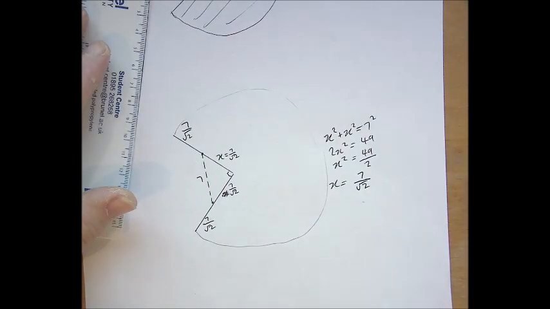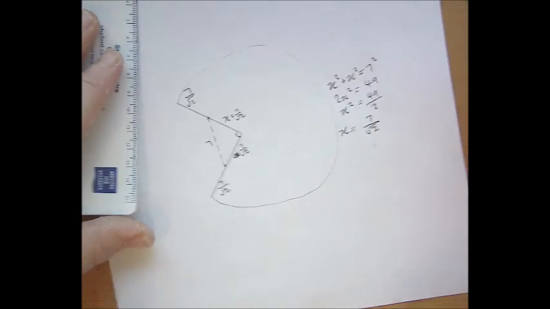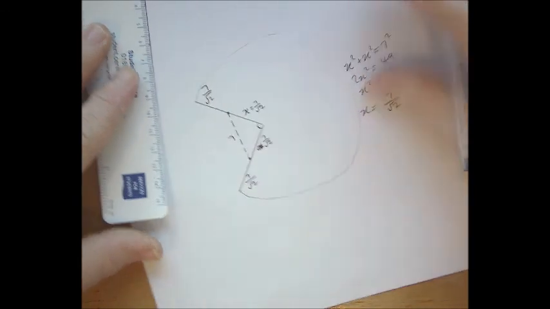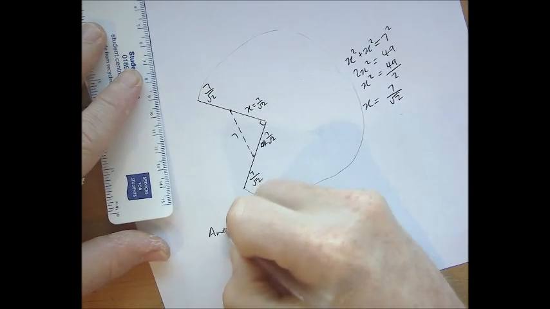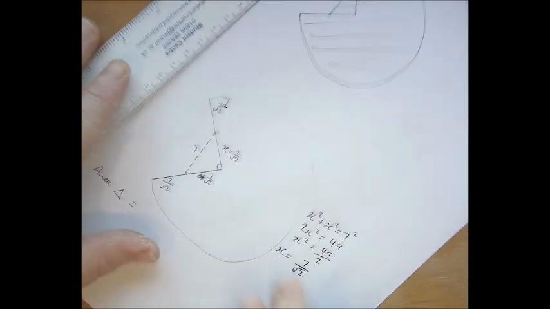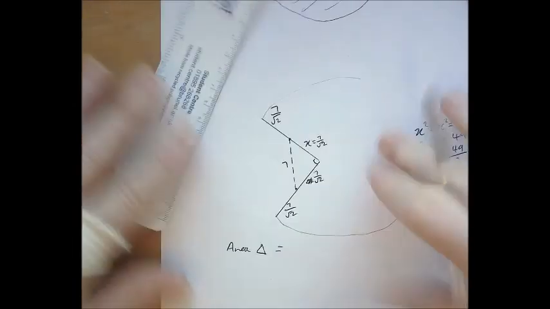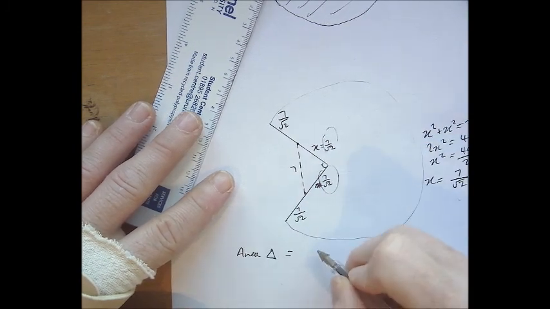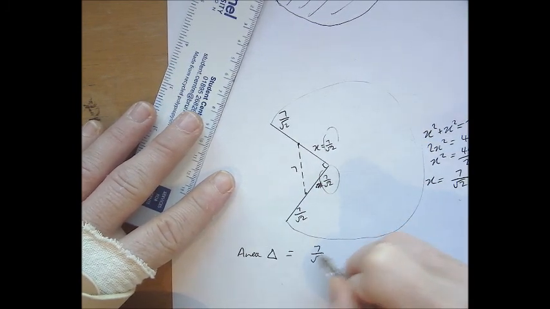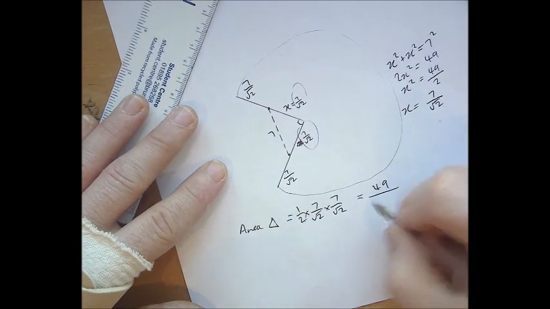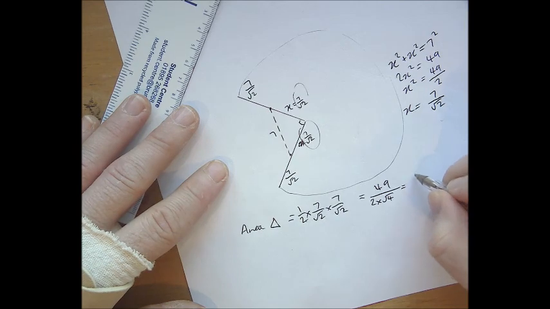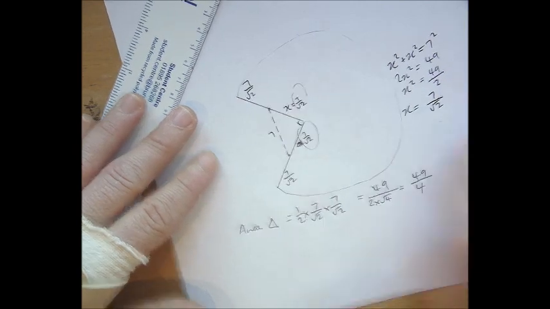Okay, now area of triangle. Okay, I'm going to treat it like that. Half the base times the height. Now, it's not so easy to halve that in my head, so just do base times height. Bottom times bottom times bottom is 2 times root 4, which is 2 times 2, which is that.